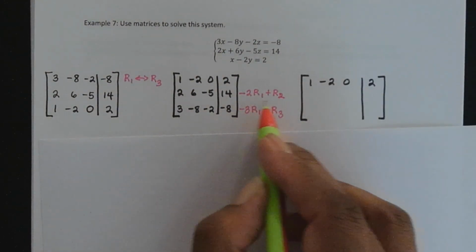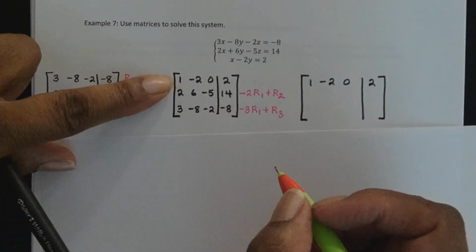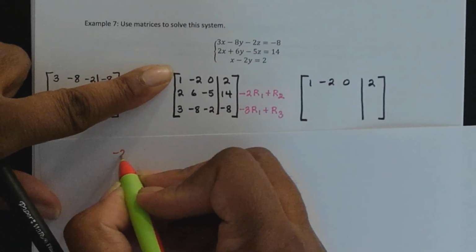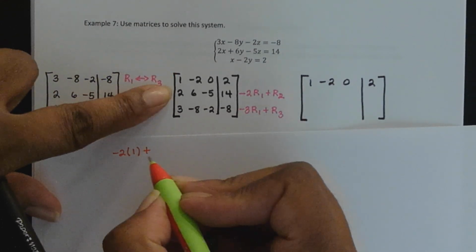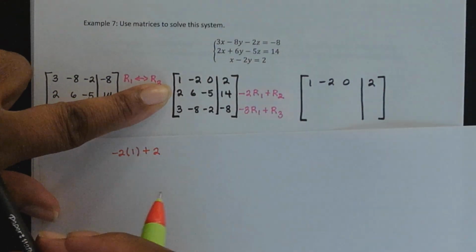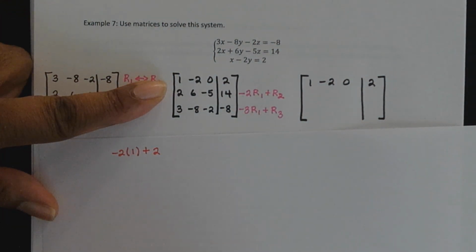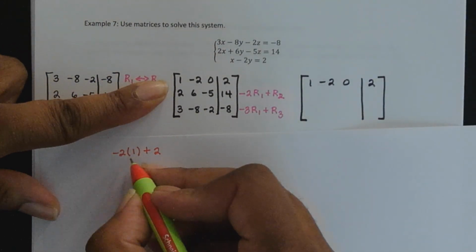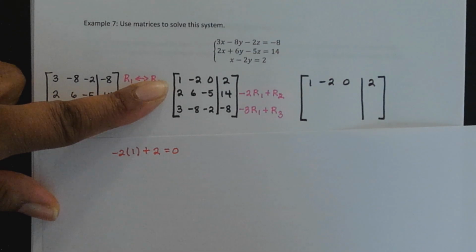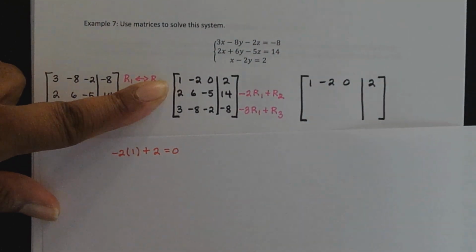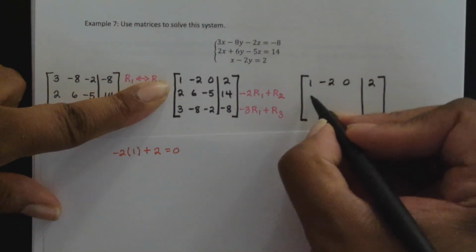Negative 2 times row 1 plus row 2. That's going to be negative 2 times this element in row 1, which is 1, plus the corresponding element in row 2. That's going to be negative 2 times 1 plus 2. Well, negative 2 times 1, that's negative 2, plus 2 is 0. So I'm going to have a 0 here.